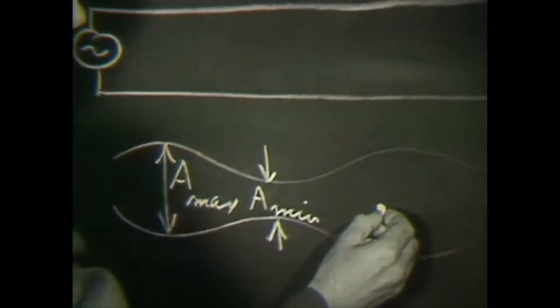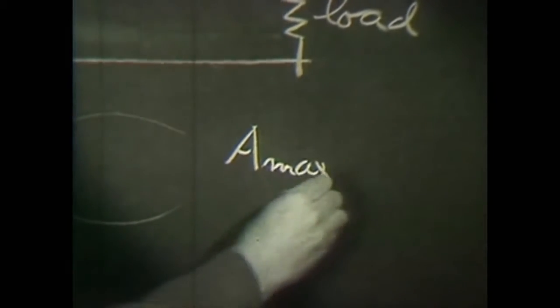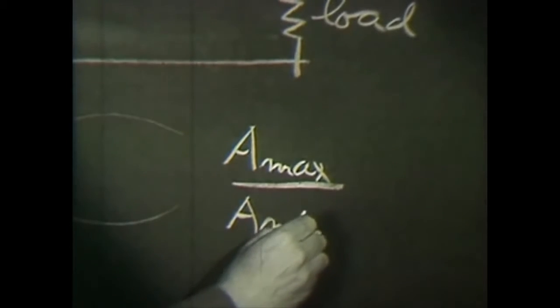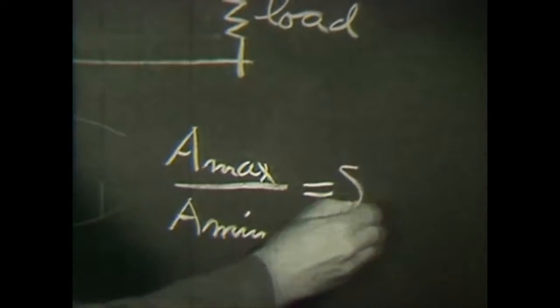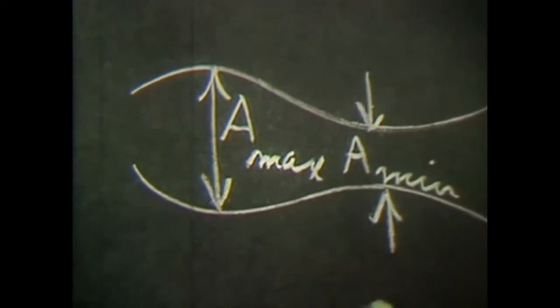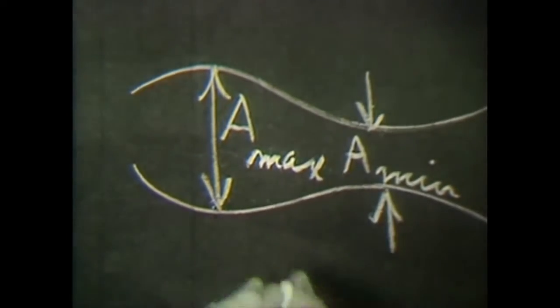Now in wave theory, the ratio of A max to A min has a particular significance. It is called the standing wave ratio, abbreviated SWR. On the wave machine, the standing wave ratio is about 3 to 1.